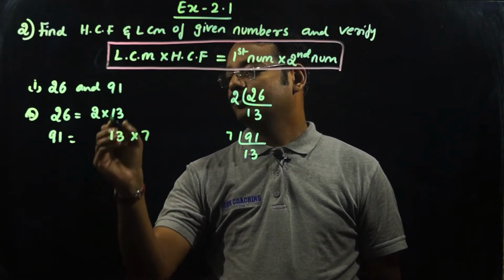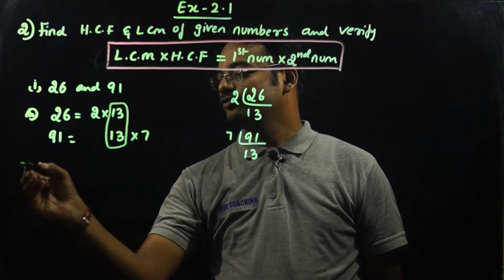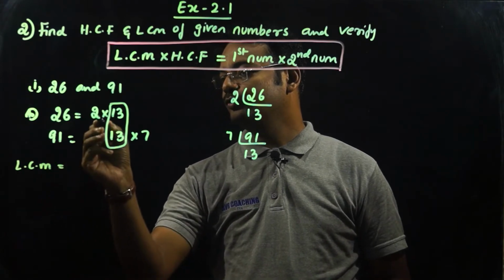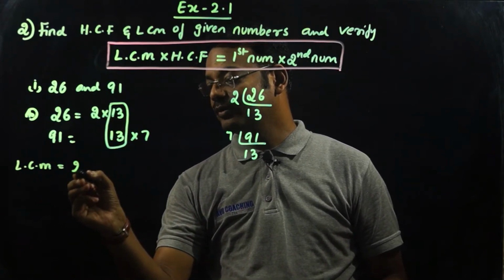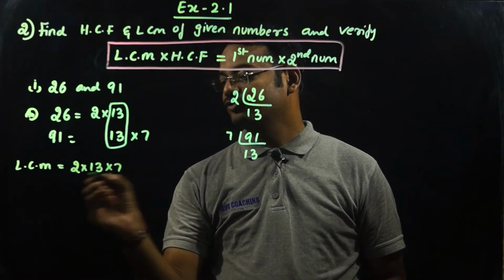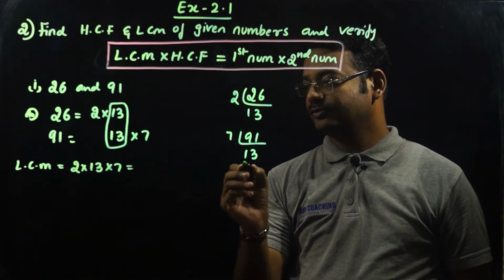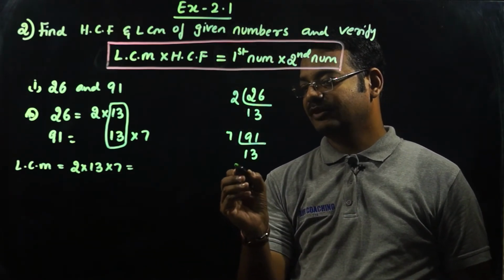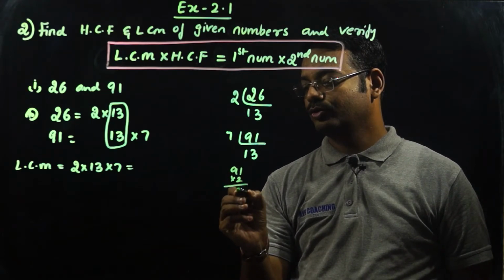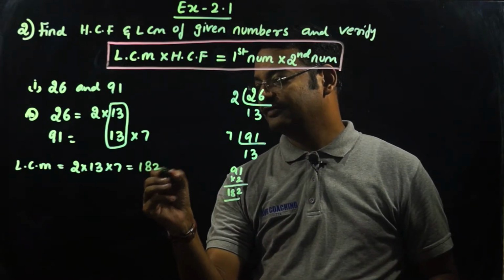Now here 13 is the common factor. So LCM is equal to 2 into 13, we'll only write once, and 7. So LCM is equal to 13 into 7 is 91, 91 into 2 is 182. 182 is the LCM.